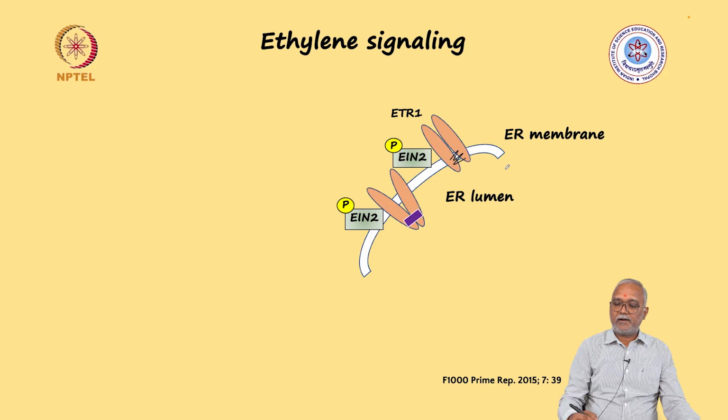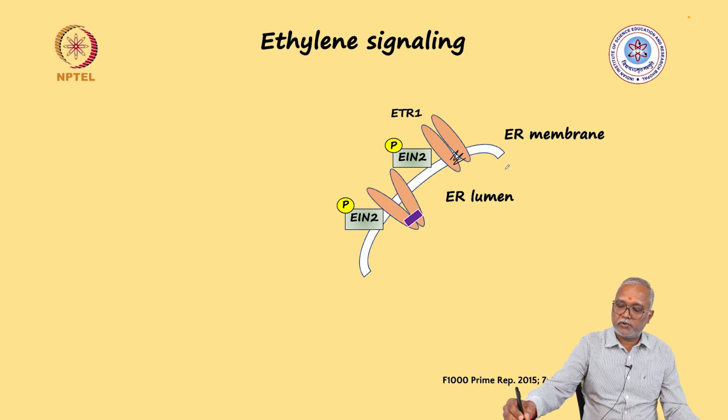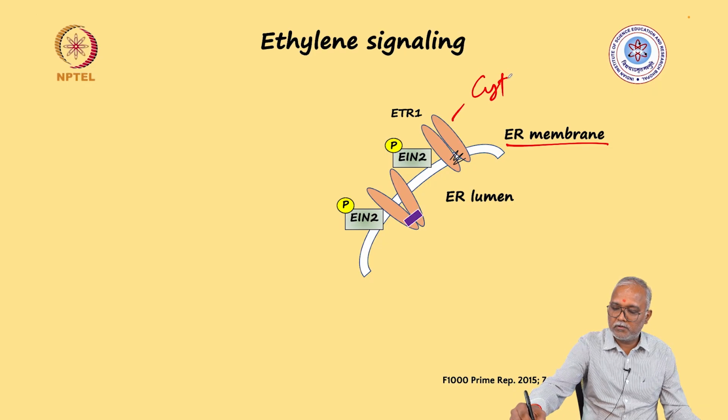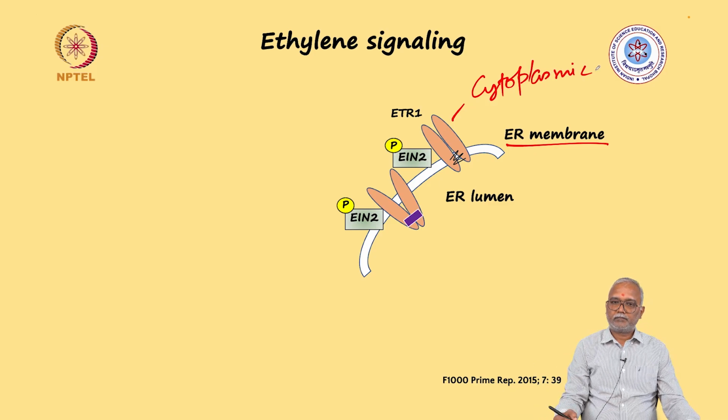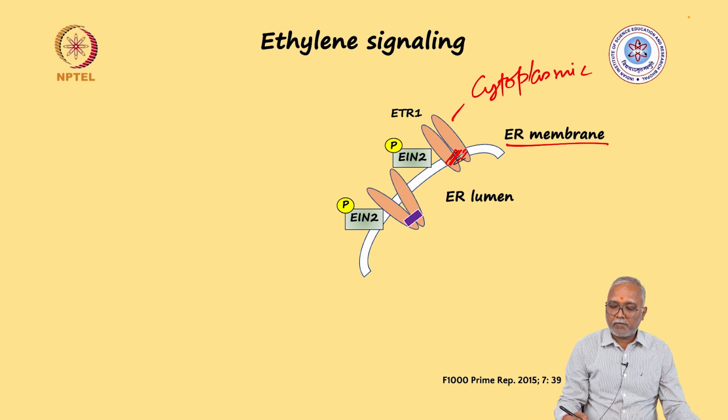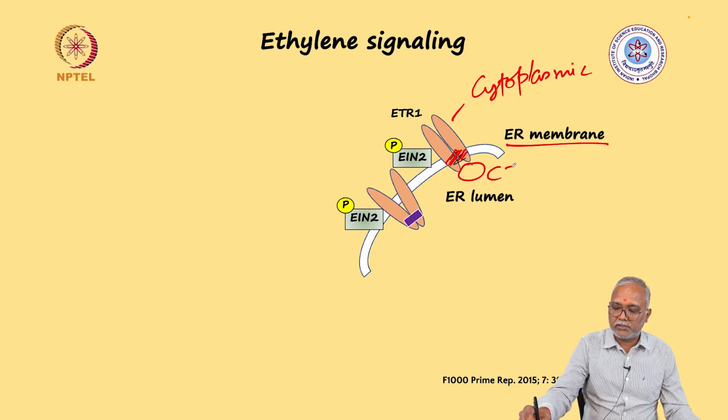As I said, this is a receptor which is present at the ER membrane. This is your cytoplasmic domain. Here, this is the region which is part of the membrane. You will find ethylene binding to happen here. Normally, when ethylene is not present, this molecule binds to another thing which is called CTR1.